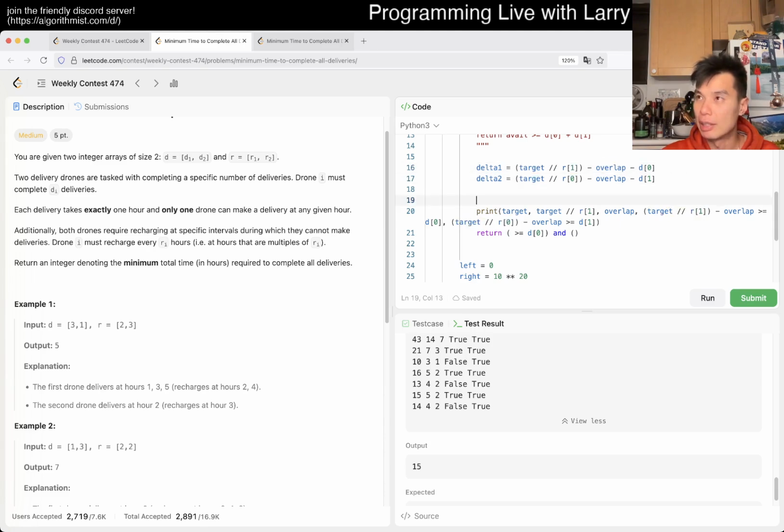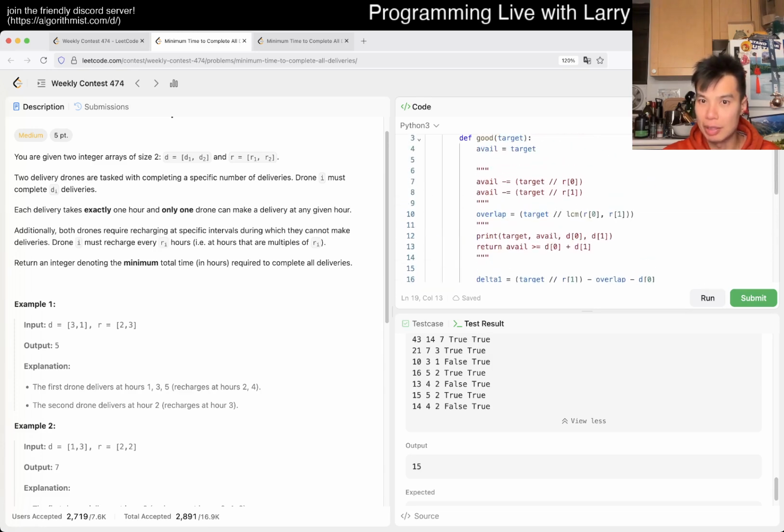But then now for delta 1, if it is negative, that means we want to use days that are... so then that's where we had this thing.